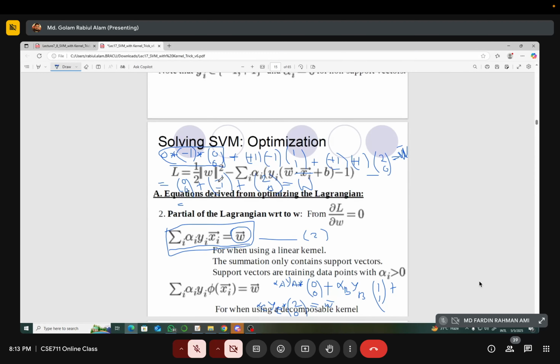So these are the three vectors. We want to just sum up these three. 2 minus 1 is just 1, and then 0, minus 1 and 0, so we will get negative 1, equal w.